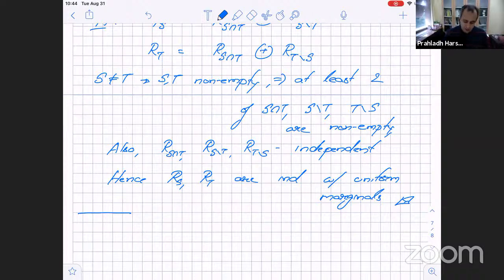So for a given setting, to actually get n pairwise independent coins, all that you needed were log of n plus 1 coins.